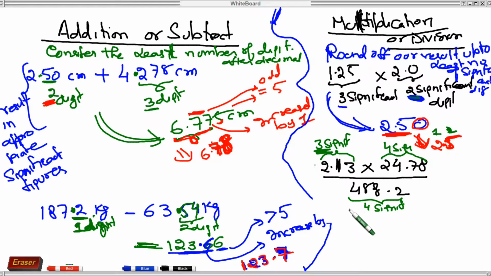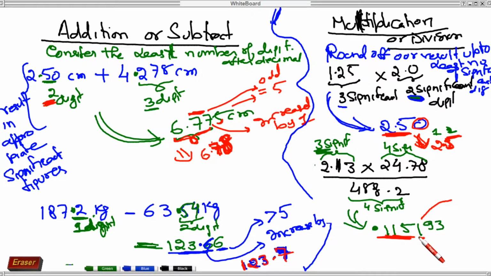The result will come out as 0.11519. We want our result up to 3 significant digits, up till here. Whatever we discussed in the previous video, we round off this value up to the required number of significant digits.